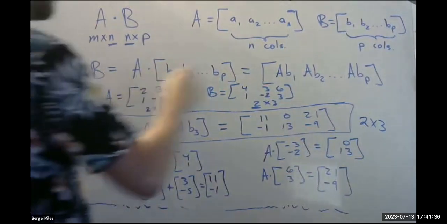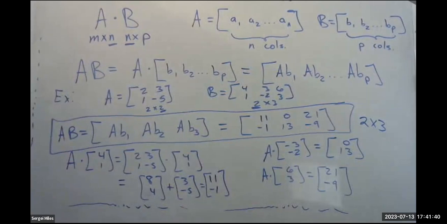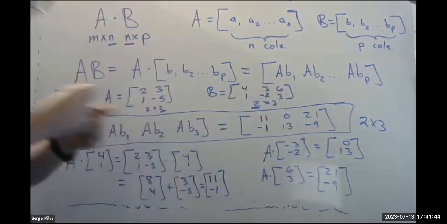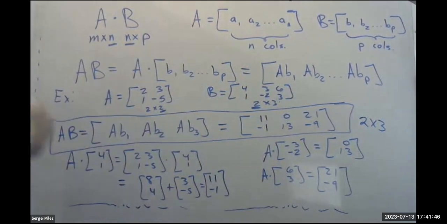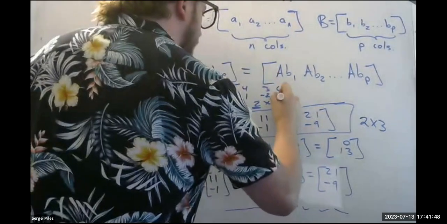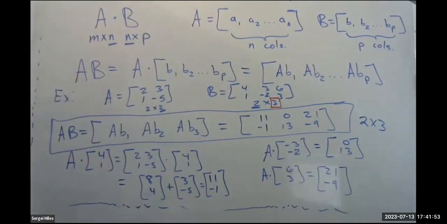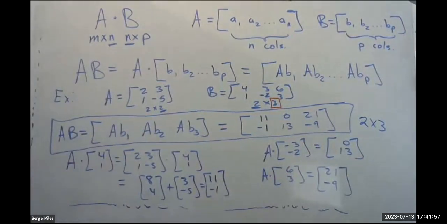B1, B2 through BP, I had to multiply A that many times. I had to multiply A times each column of B. So the number of columns of B is going to tell you the number of columns of your answer.